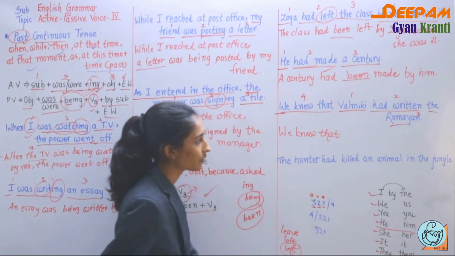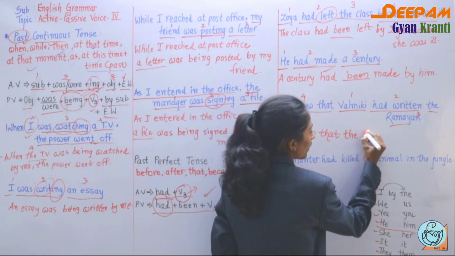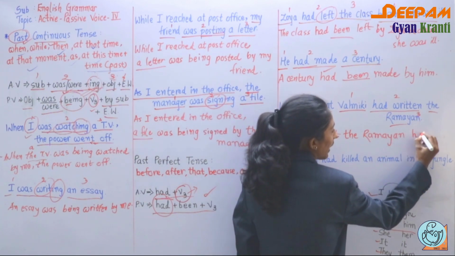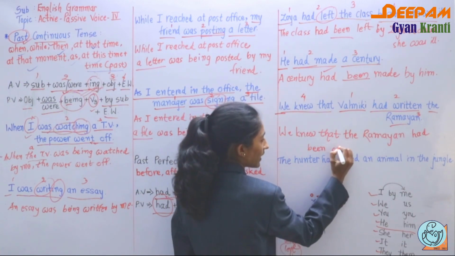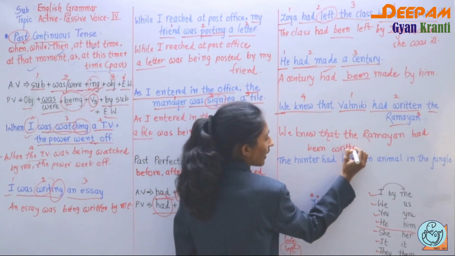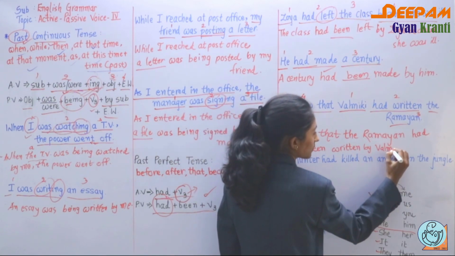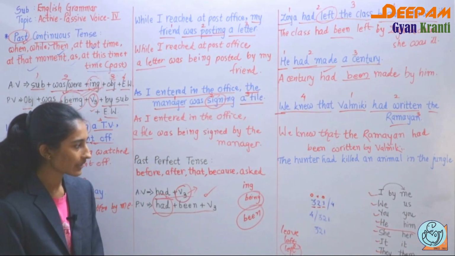Now 3rd number comes first. So 3rd number, the Ramayana. Then what we have to add? Had been written, it's already given to you, written, and then by subject, so by Valmiki. Right, so this way you can change the sentences.